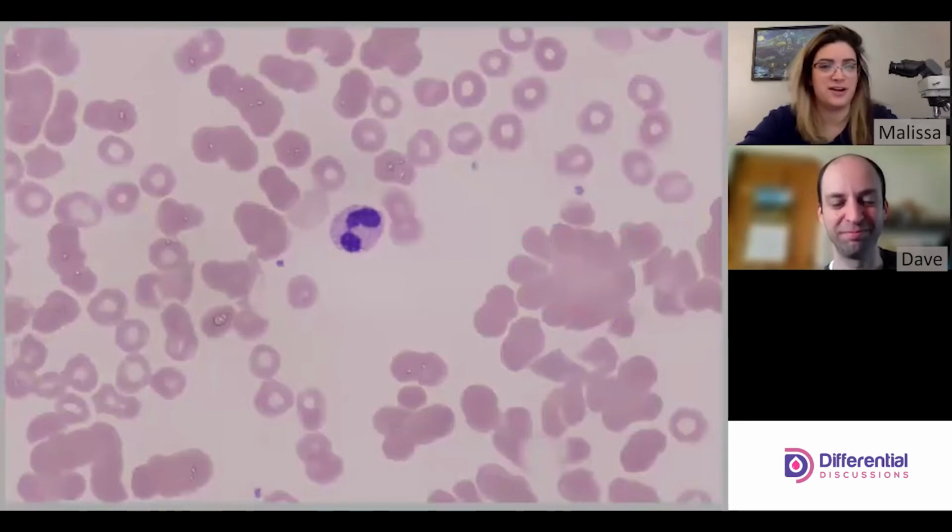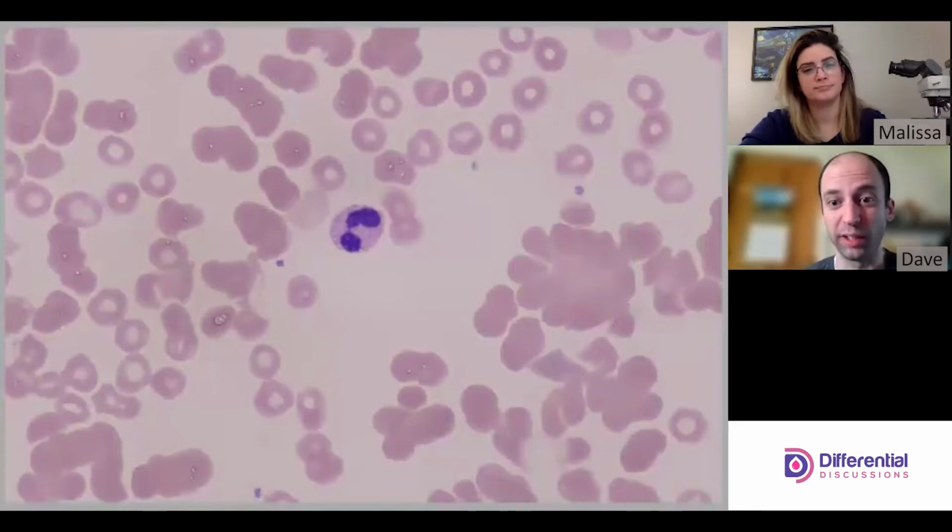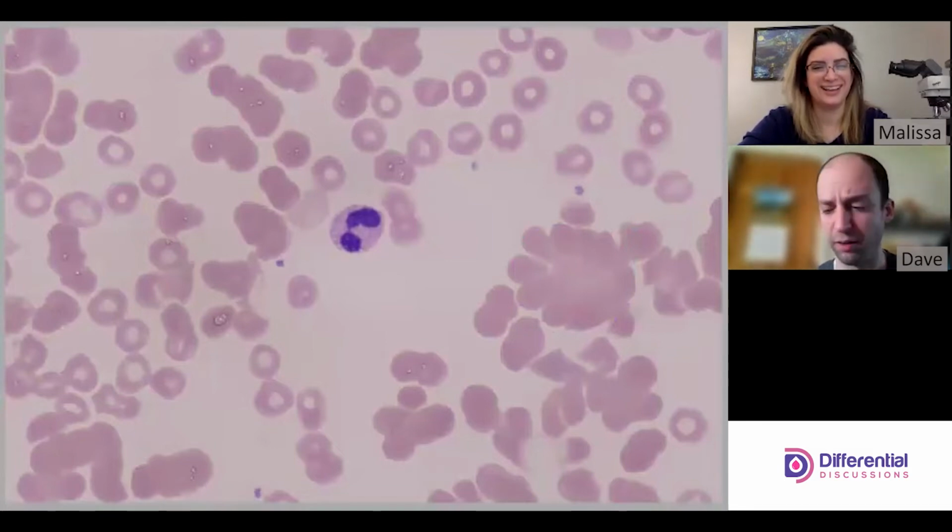So it just varies. The other thing we can address, Dave, is how this looks in the CBC. Sure. Right away, your analyzer is going to yell at you. It's going to flag several different indices that are of consequence to this grouping and clustering. I'll try not to go too nerdy here.